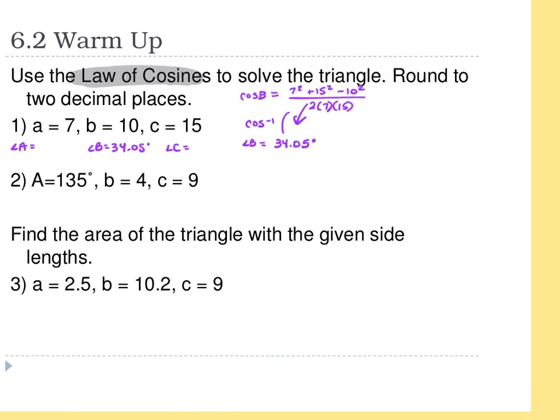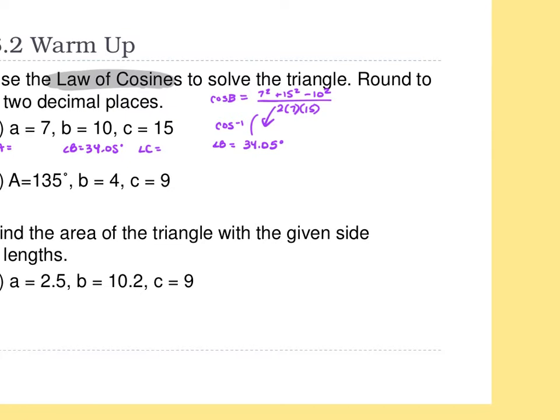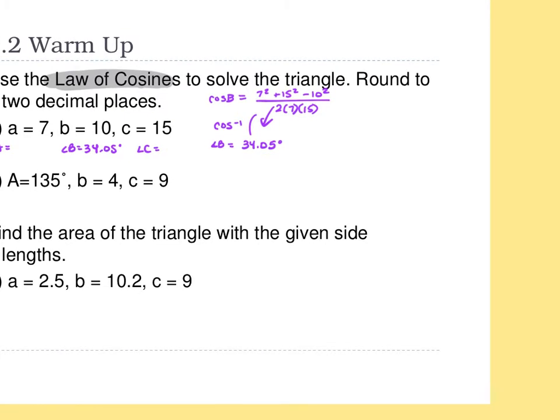All right, then I go to angle A, let's say. And again, it wouldn't matter in law of cosines what the order is, but if you switch to law of sines, that does matter. So if I did cosine A, then I'm going to do B squared, 10 squared, plus C squared, 15 squared, minus A squared, 7 squared, over 2 times 10 times 15.